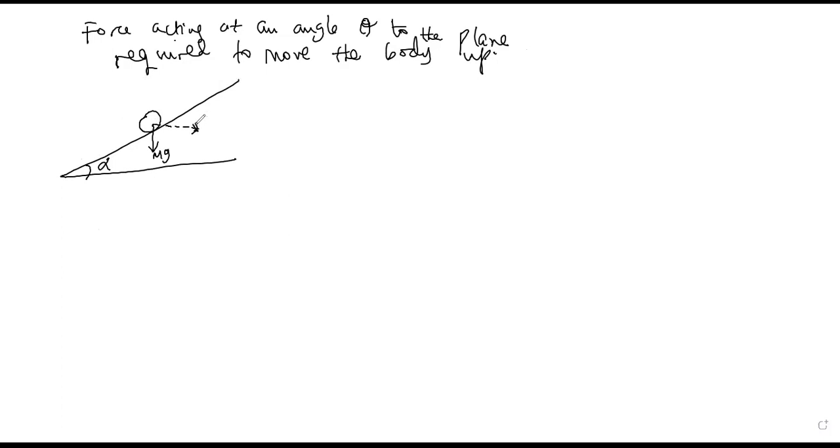You have the component mg cos alpha and mg sin alpha. Provided you are moving the body up, it means that the frictional force is down. Then, of course, we've got the normal reaction. You must use a ruler when you're drawing this. Everything, you must use a ruler.